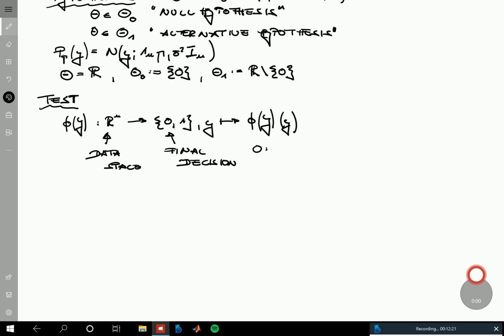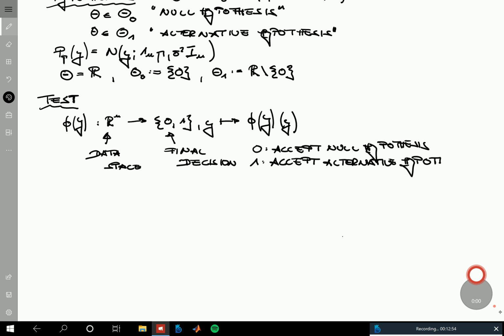The 0 is the act of not rejecting the null hypothesis, so accept the null hypothesis. And 1 is accept the alternative hypothesis, and this is all binary, so you cannot both accept the null hypothesis and the alternative hypothesis. So that's the essence of a test.